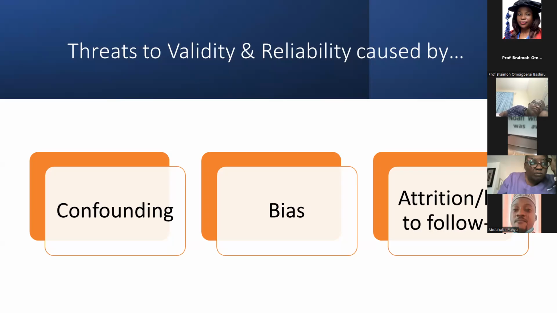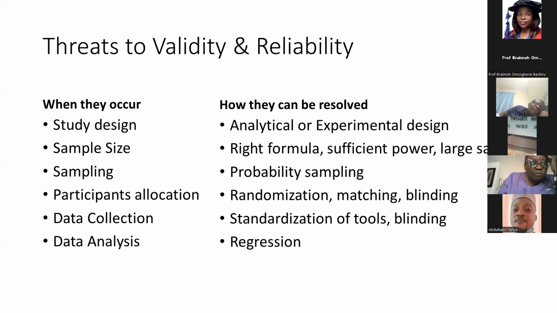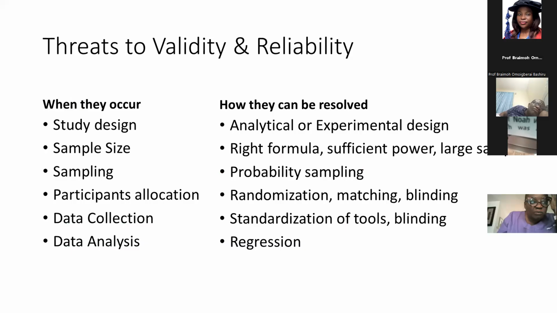We'll zoom in on these two and talk about it. So I'll pick that up a bit later, confounding and bias. But if you think about it, when you talk about confounding, you are really referring to factors, variables, risk factors, exposures that have a relationship both with the outcome of interest and with other risk factors or exposures.